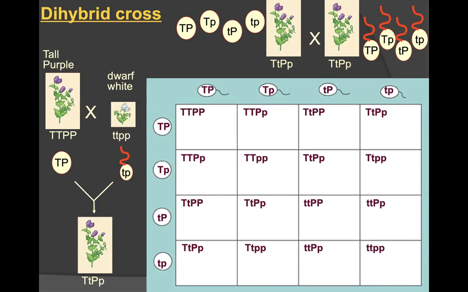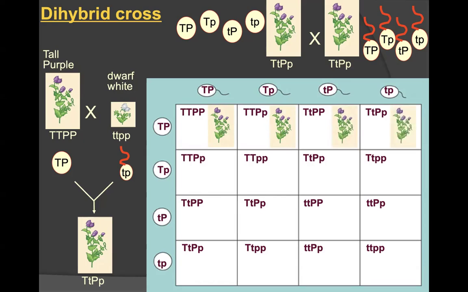Keep in mind when you're doing a dihybrid cross, it is important to keep your like alleles together. You can see that the T's are kept together and the P's are kept together. This is the correct format for entering in your offspring ratios. If we now consider what the phenotypes would be, here in this instance we have a tall and purple plant. We also have tall and purple.